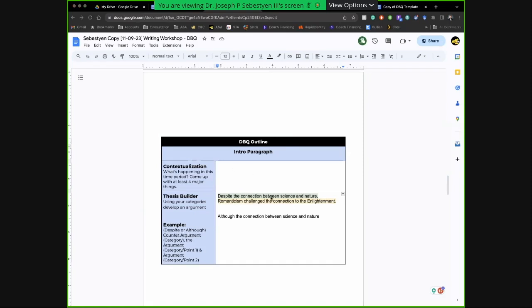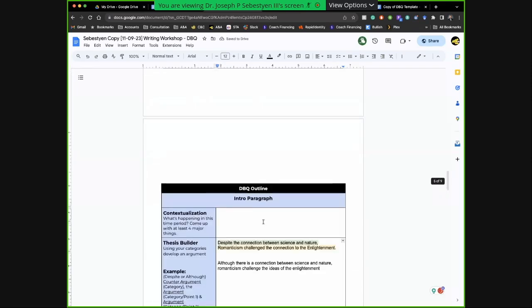Although there is a connection between science and nature, romanticism challenged the connection to the Enlightenment. Do we use "connection" again? No, wait. Challenge the similarities? No. Like, challenge the ideals or ideas of the Enlightenment. Yeah, that could work as well.